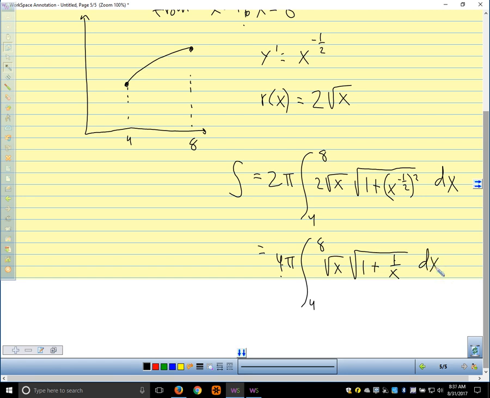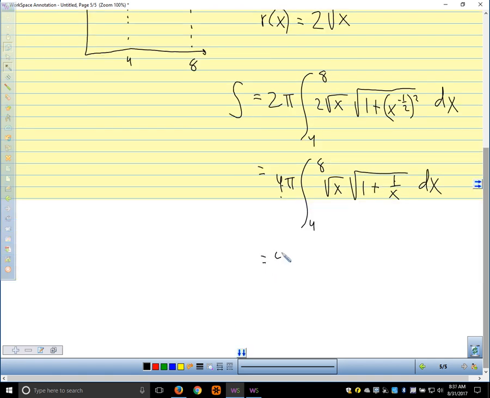Now you might look at this and say, "Oh, we can't integrate that. That's really ugly. We're done." But let's do this. Let's simplify that radical. Sorry, 4 pi. I'm trying to go too fast. Square root of x. Let's find a common denominator.